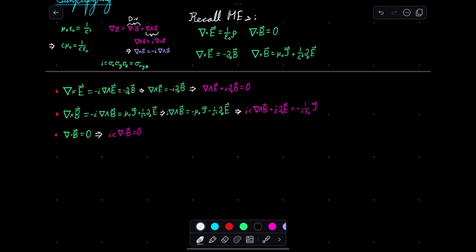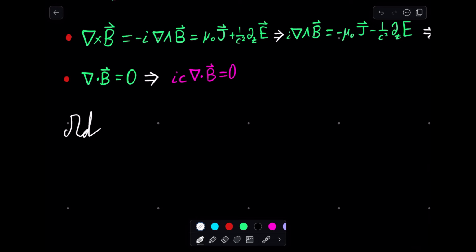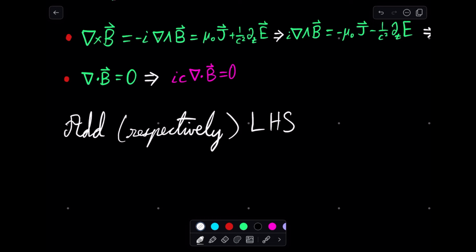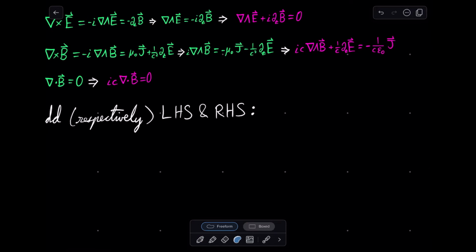So we have all of these, but what's the next step? The next step is to add up the left-hand side and the right-hand side of all of these equations. So add, and then I'll put respectively, the left-hand side and the right-hand side. So the left-hand side, I'll just steal these from up here.